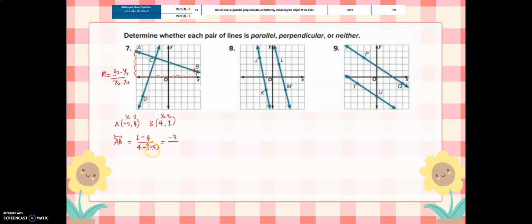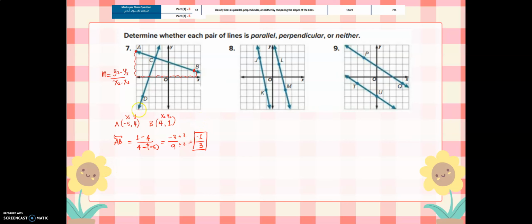So we have 4 plus 5 is equal to 9. Now we need to simplify that. So -3 over 9. We divide both the numerator and the denominator by 3. So -3 divided by 3 is -1 over 9 divided by 3 is 3. So the slope of line AB is -1/3.